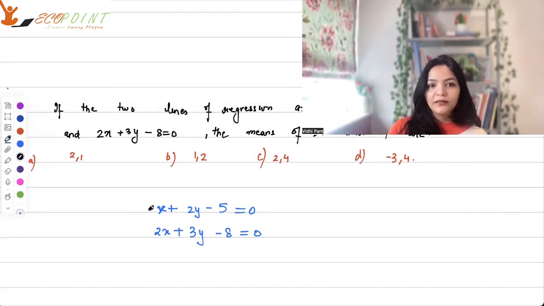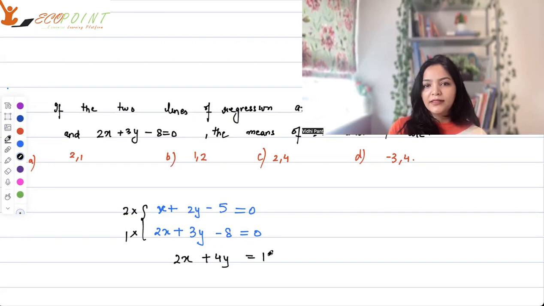I can eliminate x. I can multiply this with 2 and this with 1. So I'm going to get 2x plus 4y. I can take 5 into 2 to the right hand side, so that becomes 10. And here you have 2x plus 3y as it is, and I can take 8 to this side.